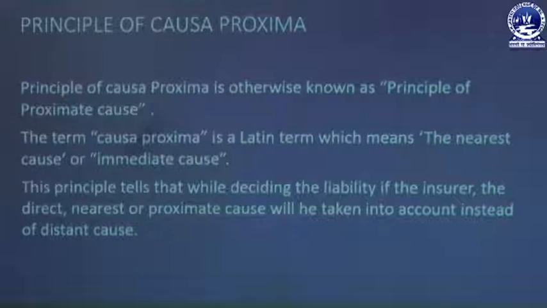The principle of causa proxima is otherwise known as the principle of proximate cause. In simple words, this principle tells that the loss should be for the nearest cause or the proximate cause for which the insurance is taken.